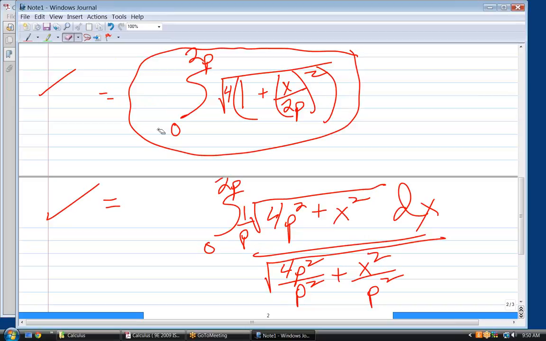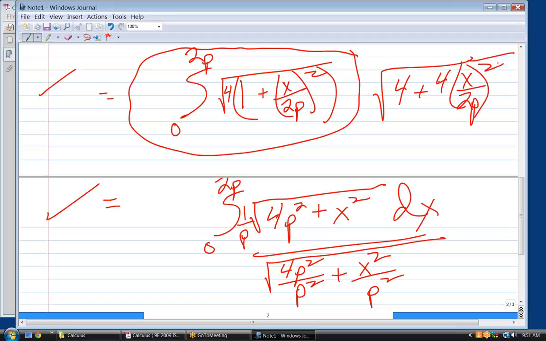And now distributing that becomes the square root of 4 plus 4 times x over 2p squared.